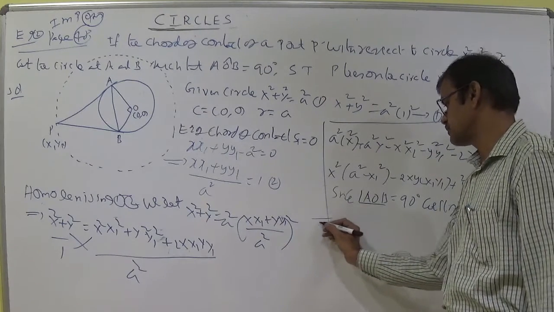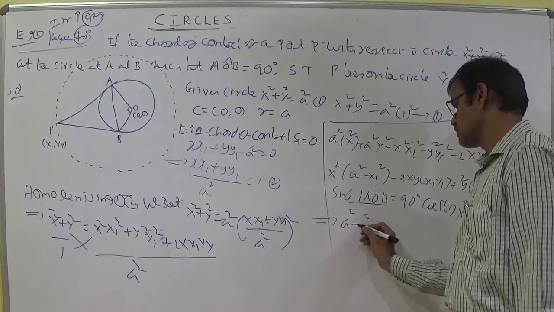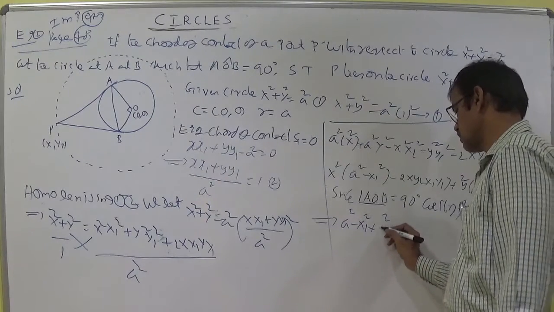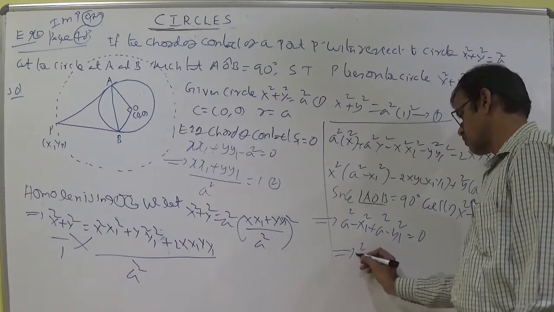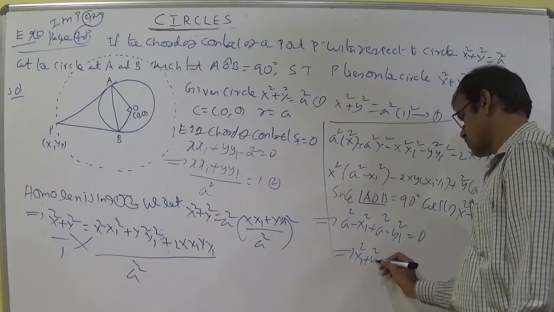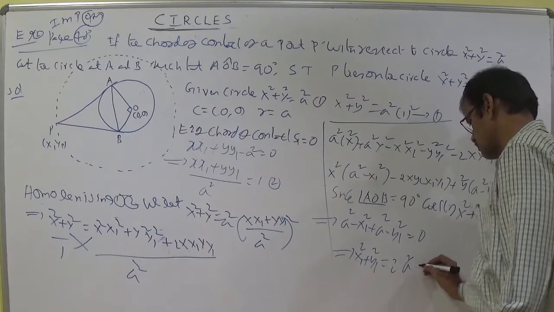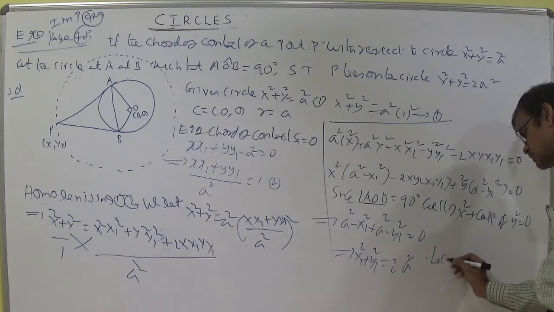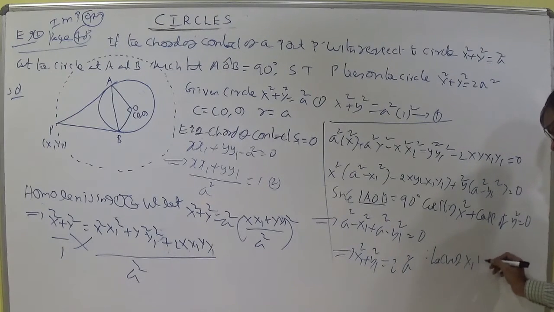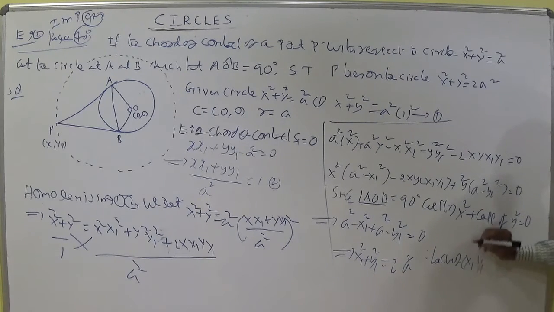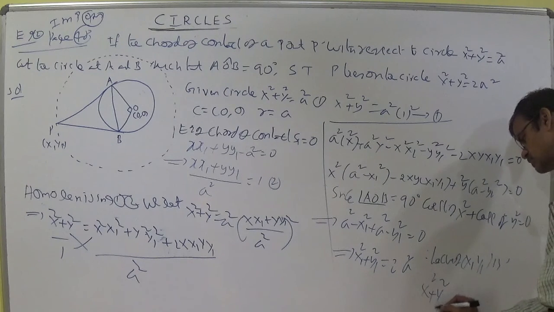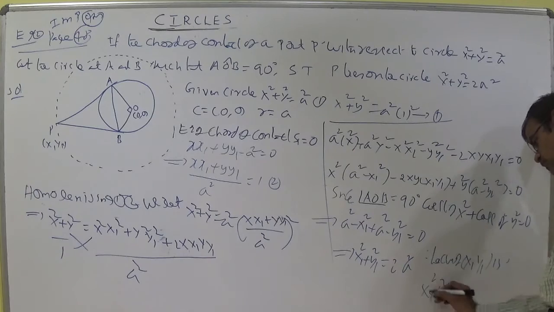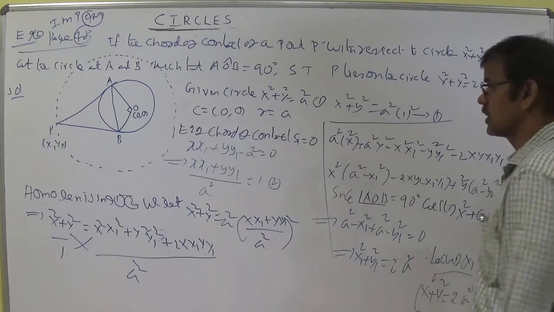That implies (a² − x1²) + (a² − y1²) = 0, so x1² + y1² = 2a². Therefore, the locus of P(x1, y1) lies on a circle. Easy, right? Simply, the locus of (x1, y1) is x² + y² = 2a². This is also a director circle.